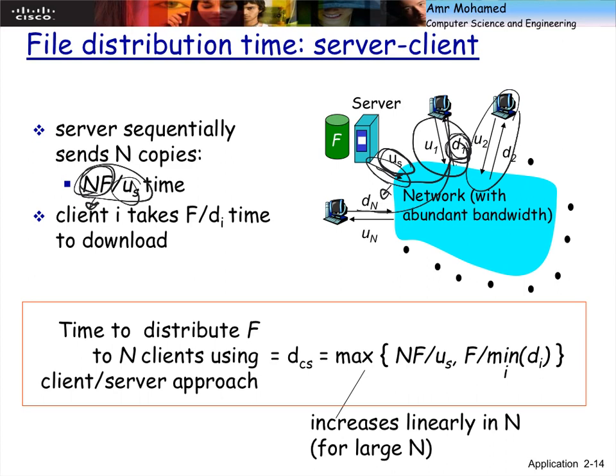The download speed doesn't have to be equal on all the clients, but DI should be more than or equal to US over N. If this condition is fulfilled, because if I send NF with a speed of US, on average each of the clients will get a rate of US divided by N. So if this rate is good enough for this client, which means that DI is more than US divided by N, I will not have any bottleneck.